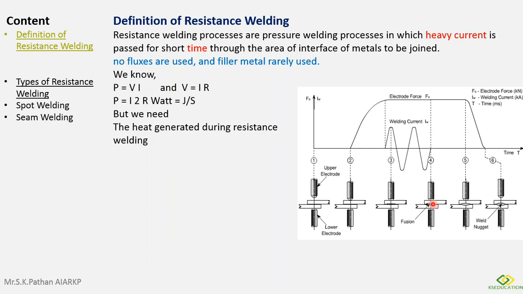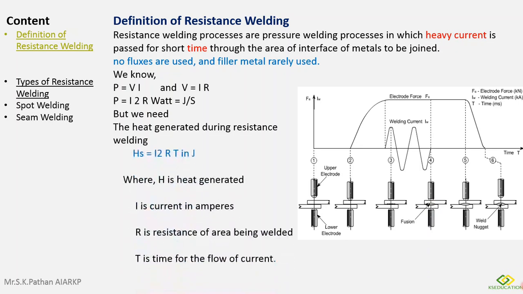So we have to understand the equation for heat generation. The equation for heat generation is H equal to I square RT, which is in joules. This is actually derived from this equation only.